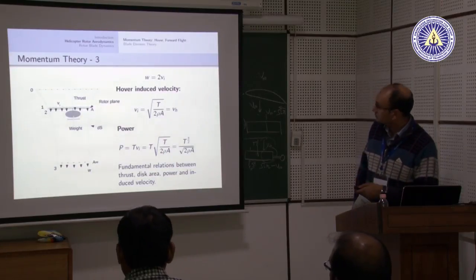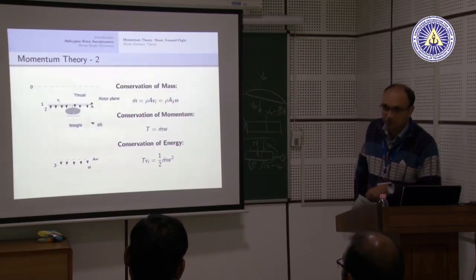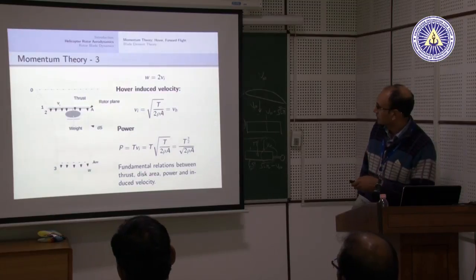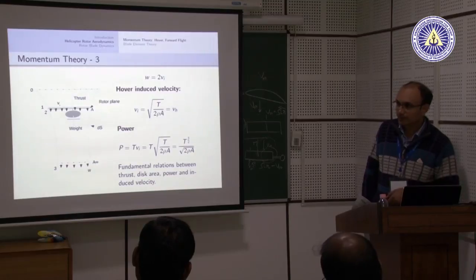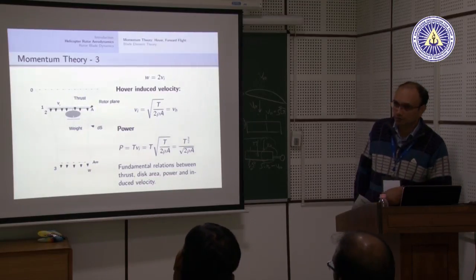So, what does this tell us? If I do a bit of jugglery with all these 3 equations, just a little bit of algebraic manipulation, I would get a relationship. From the mass conservation equation, W is equal to twice Vi, or effectively my area A infinity is half the area of the rotor disc.